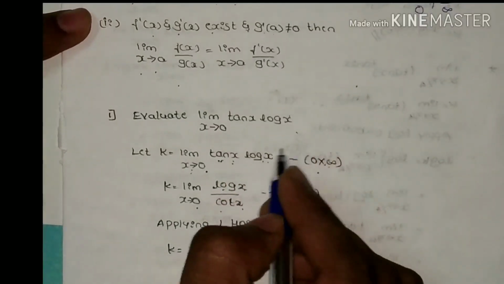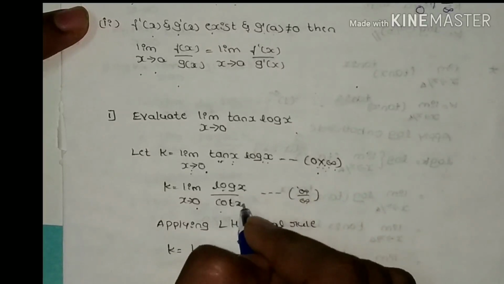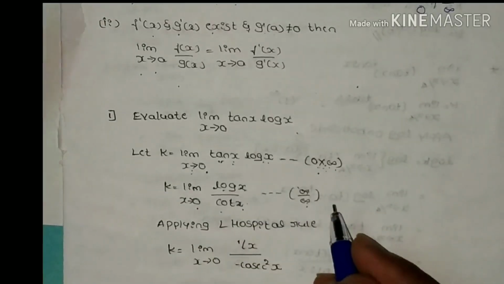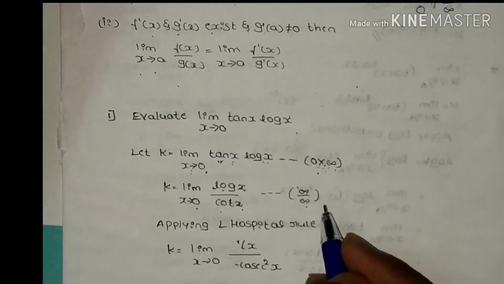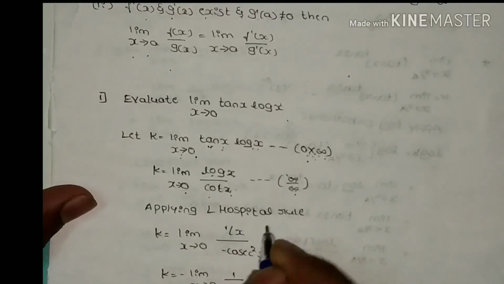The given expression was in the form of 0 into infinity, therefore I reduced it to infinity by infinity using trigonometric relations. Then apply L'Hospital rule to this.